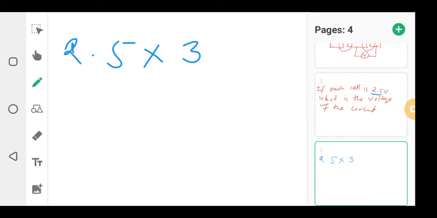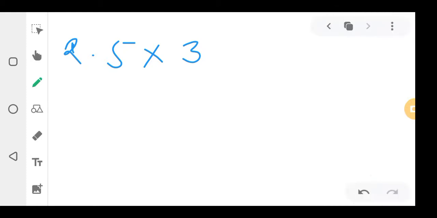So when you're answering that question, it will be 2.5 times how many cells? There were 3 cells. So it's 2.5 times 3.